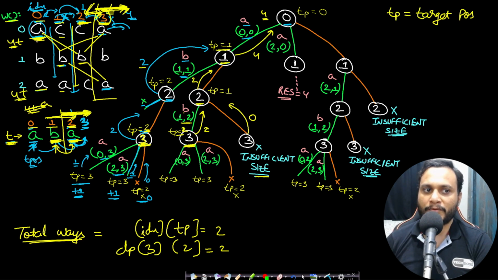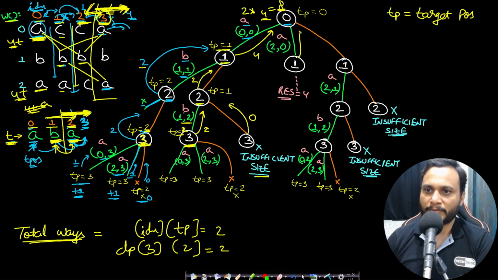So the frequency of this character will actually be helping us to not recalculate the same subproblem. Therefore, I can multiply this 4 by the frequency of A, that means 2 times, and I will be getting the total count to be 8, right? Because from here as well I will be getting 4. Even if I match another A at 2, 0, I will still be getting 4. So applying this logic, I have got 8.